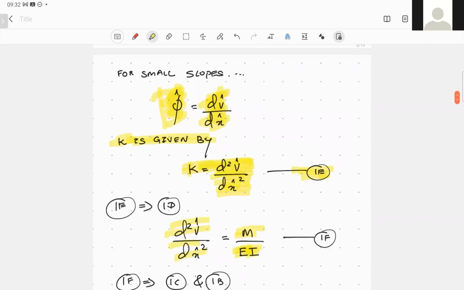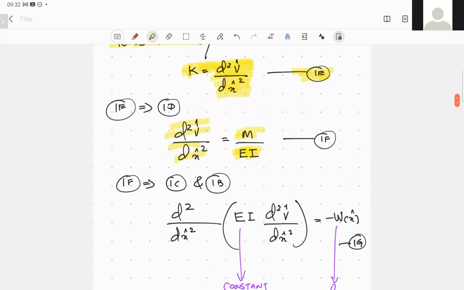Since you now have this relationship, given by 1f, I will just go through it. You can try this on your own and raise questions if you have.